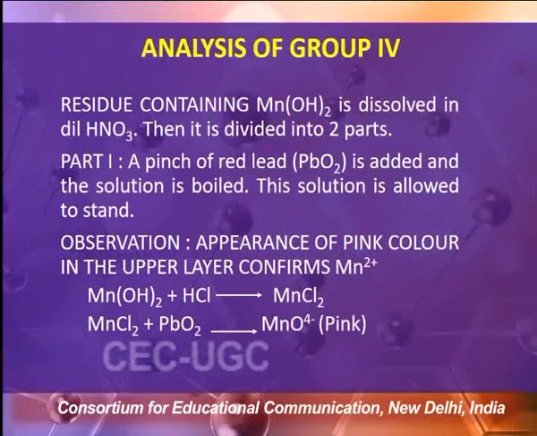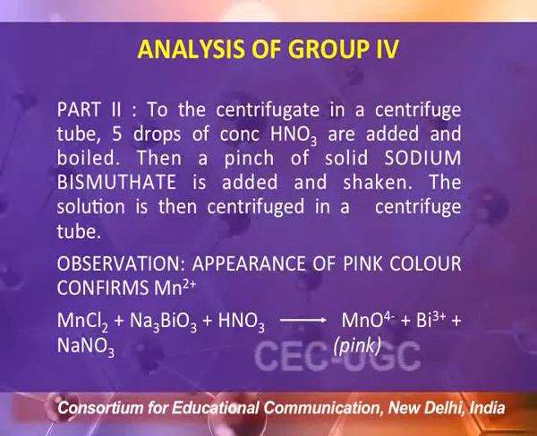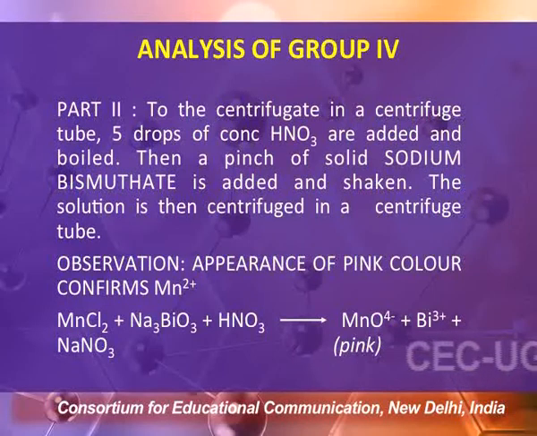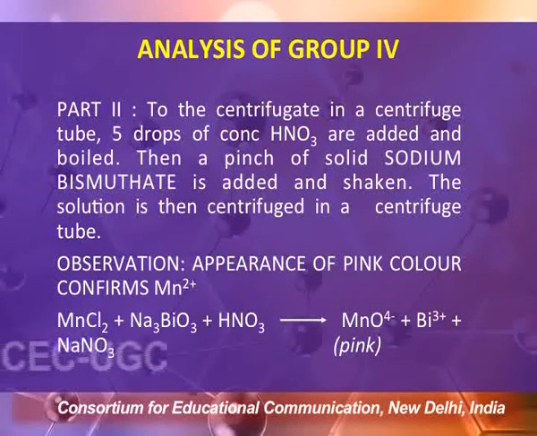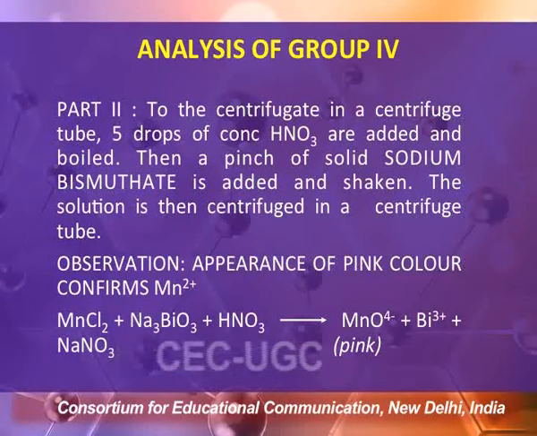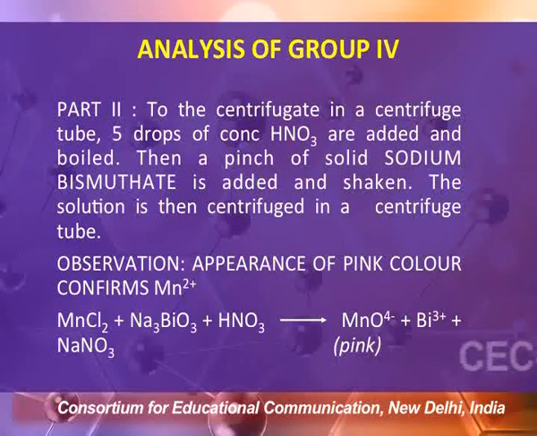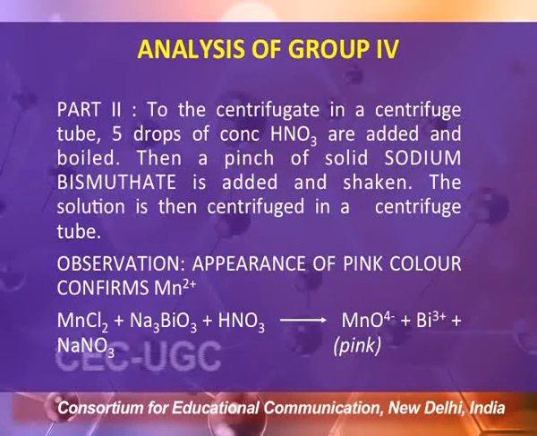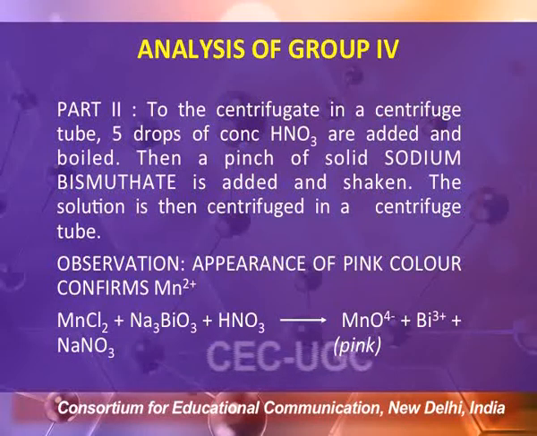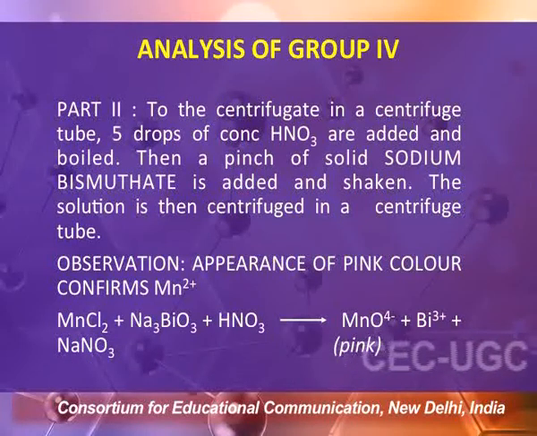This is how manganese is confirmed in the mixture. The second part of the centrifugate is taken in a test tube and 5 drops of concentrated nitric acid are added to it, and then it is boiled. After that, a pinch of solid sodium bismuthate is added and the test tube is shaken. The solution is then centrifuged in a centrifuge tube.